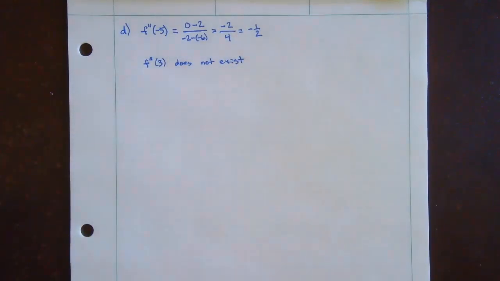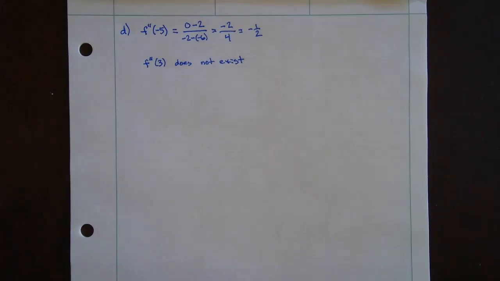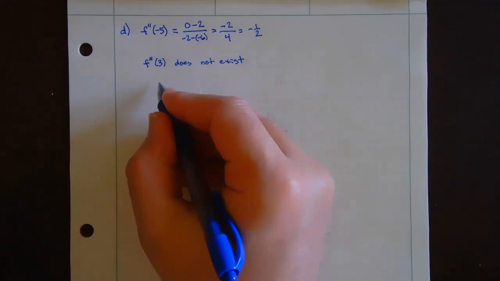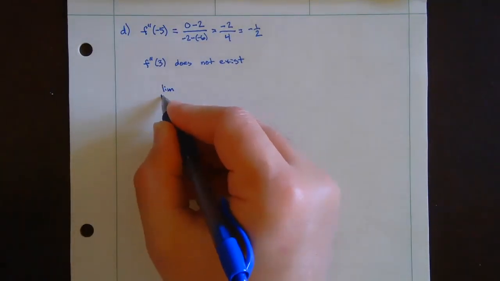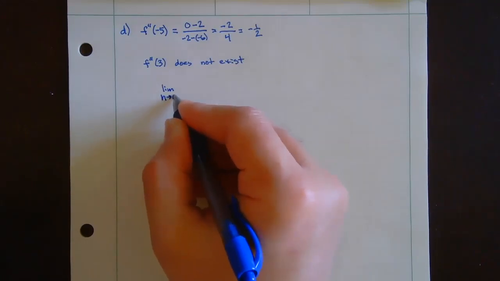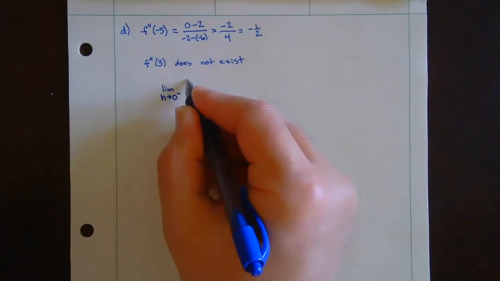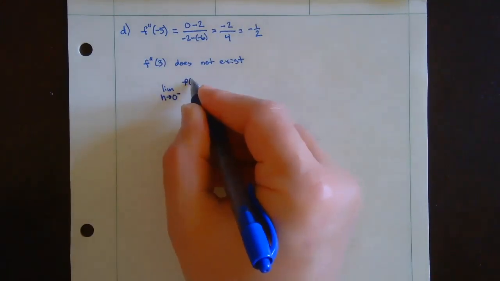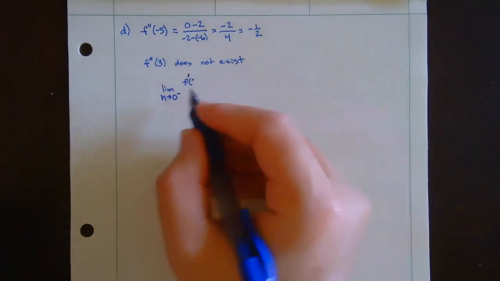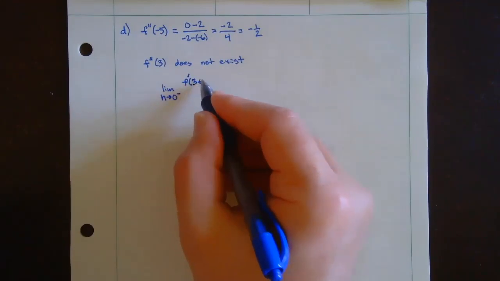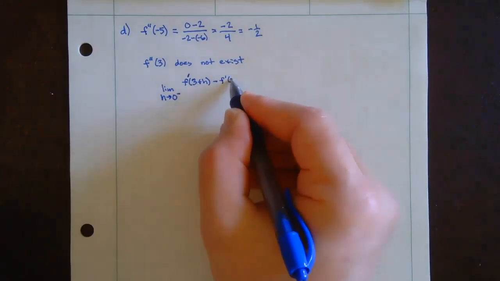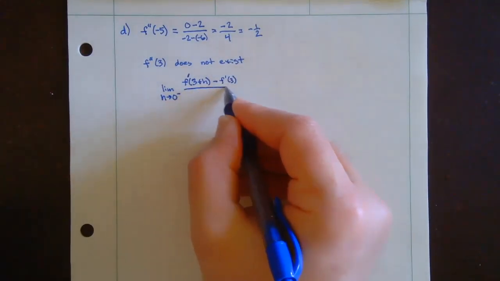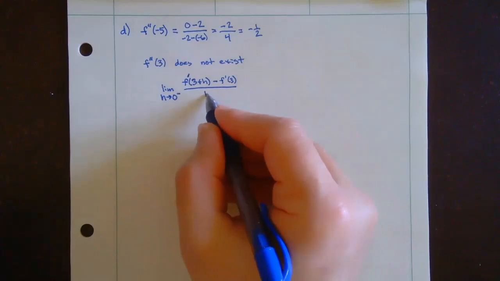Now we're going to use the definition of derivative at a point to figure this out. So we're going to take the limit as h approaches 0 from the left of f prime of 3 plus h minus f prime of 3, all over h.